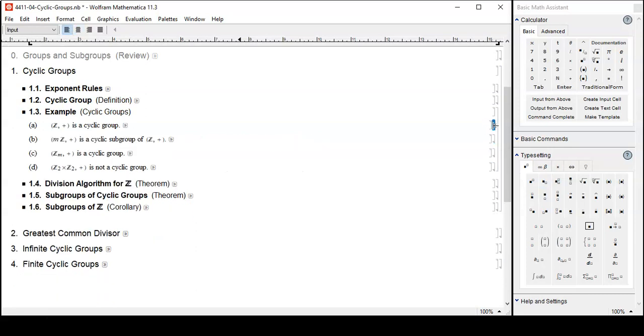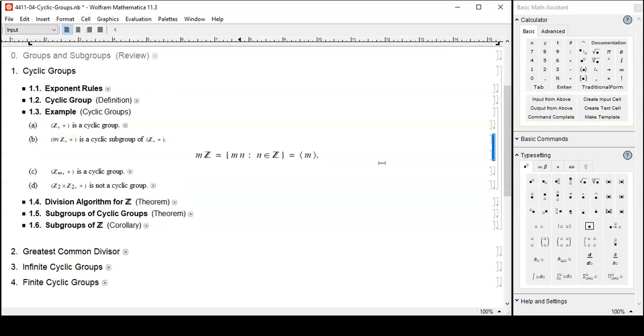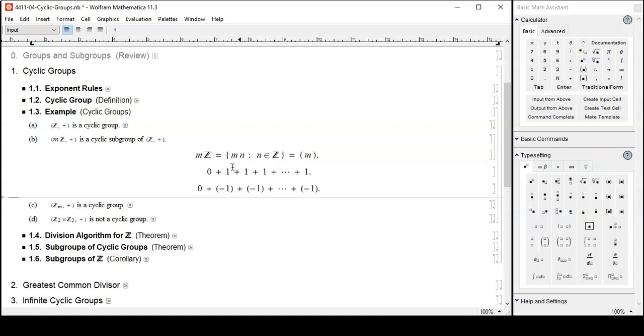The next example, mZ is a cyclic subgroup of Z. So this is a cyclic group too. What is mZ? m times an integer. That is the set of all multiples of m, or the set of all integers divisible by m. And the elements here look like this: 0 plus m plus m plus m, repeated whatever times.